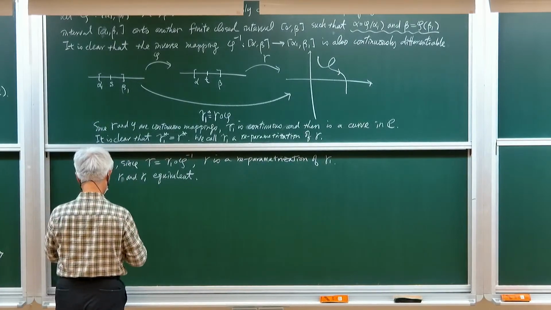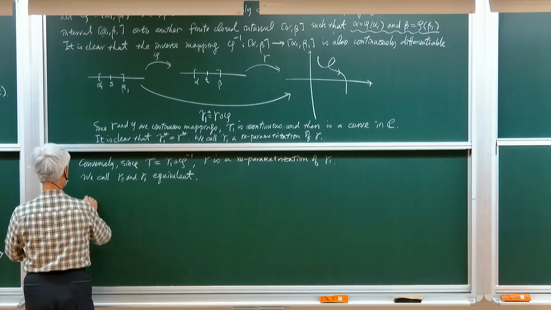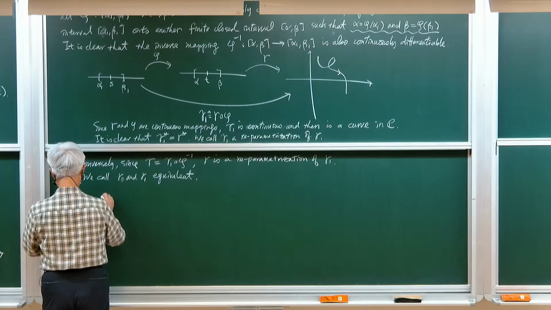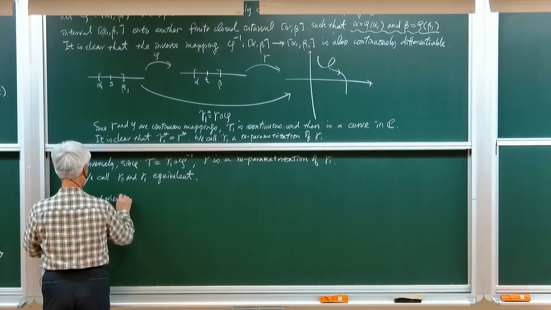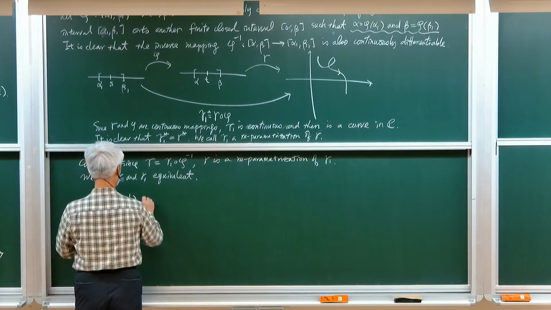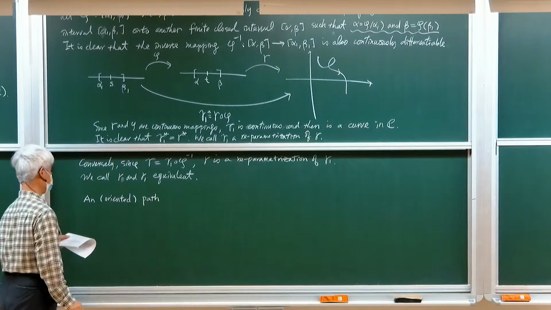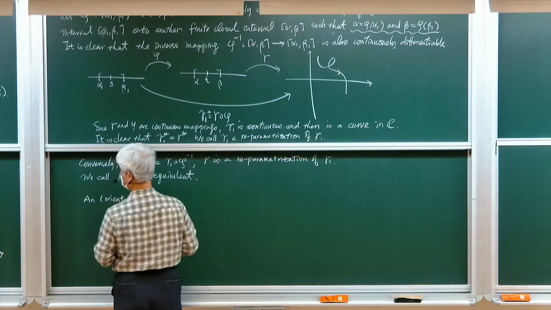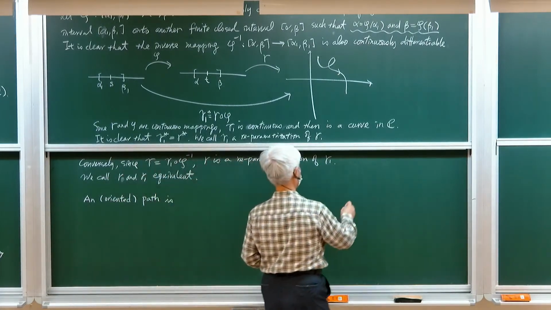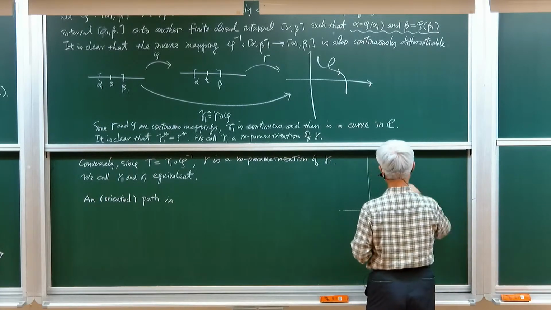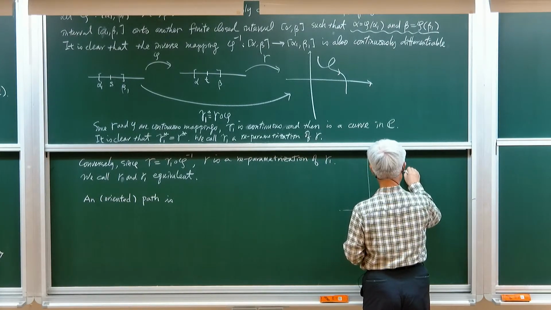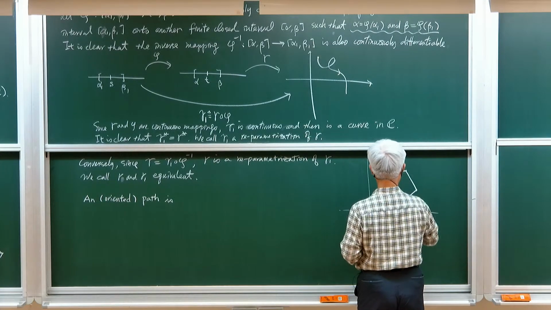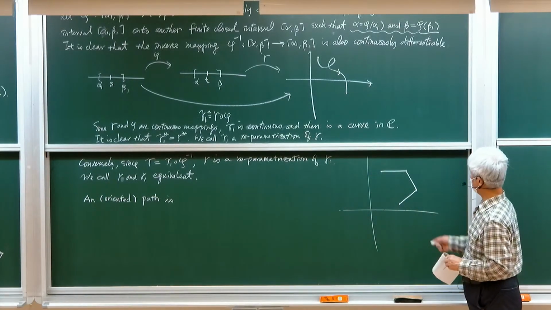All right, now in complex integration, we will consider oriented paths. For example, the polygon, something like that.